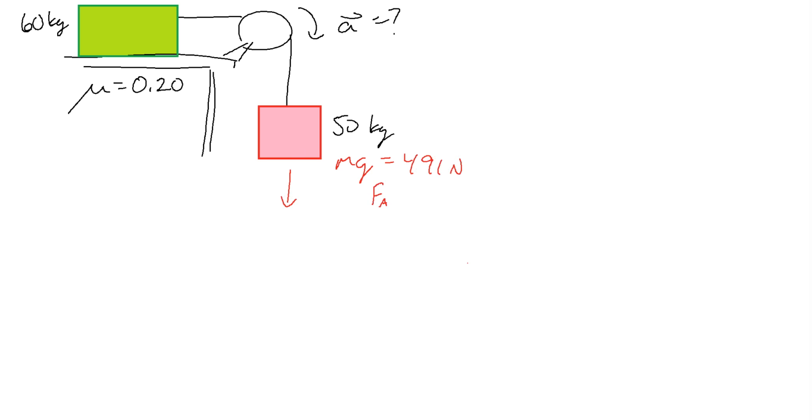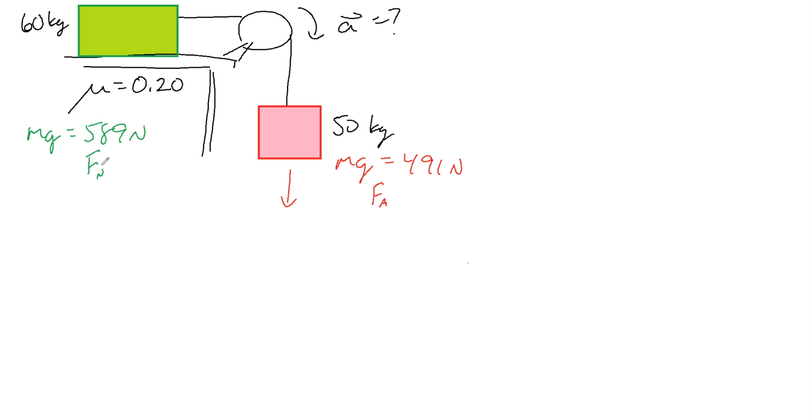I can also find the mg for my green box. It's 60 times 9.81, which is about 589 newtons. And of course, that is causing pressure between the green box and the table, so that would be the normal force between the box and the table.